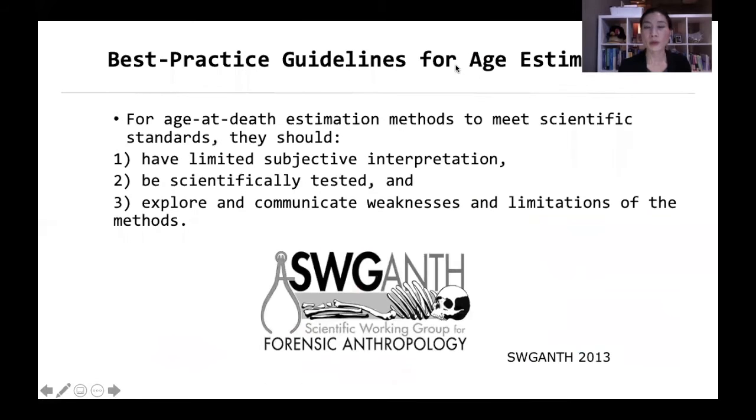So our goal is essentially to develop forensic standards, for age estimation specifically in this case, that have limited subjective interpretation based on sound science, so that we can clearly and proactively communicate any weaknesses, limitations, and strengths of the methods that we developed based on South Korean population.